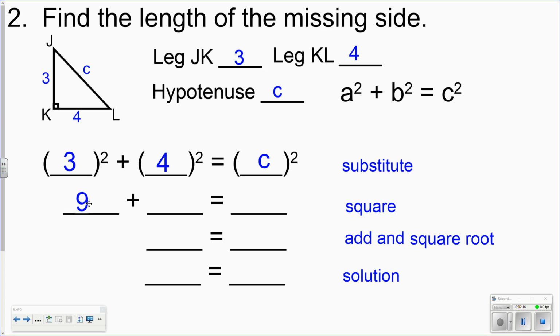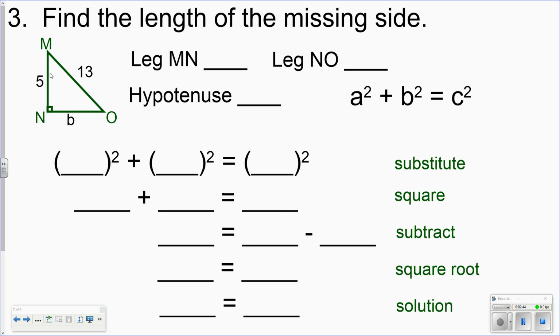So 3 squared is 9, 4 squared is 16, and we're just going to leave the C squared. Now we add them, so that's 25 equals C squared. And now we take the square root of 25. The square root of 25 is 5, and the square root of C squared is C. So my solution, that third side, is 5.